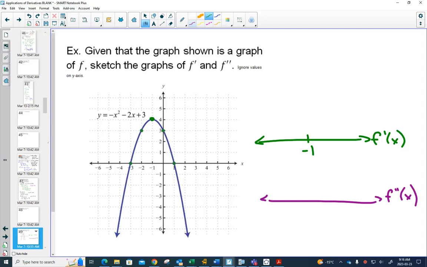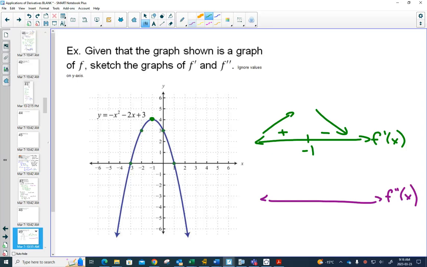It told us where the graph was increasing and decreasing. We can see that that was a maximum. This would be increasing. This would be decreasing. And because of that, we know that our derivative is positive here, negative here, and 0 at -1.